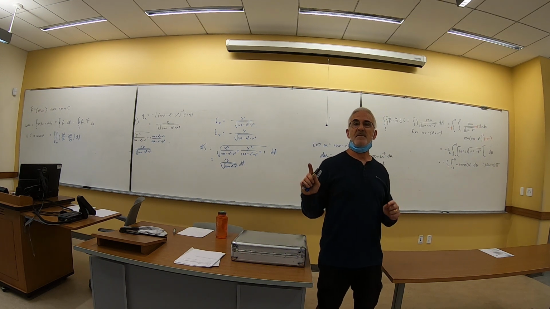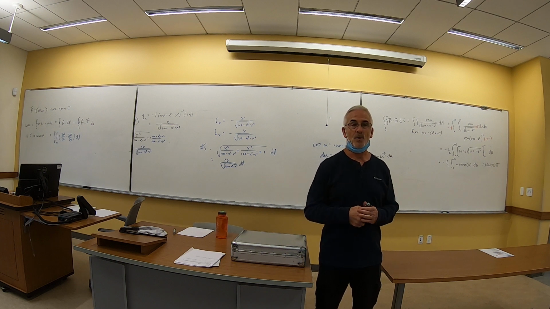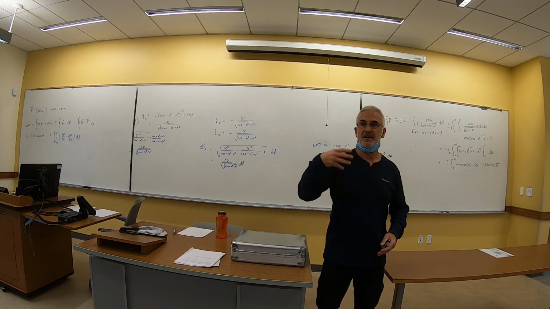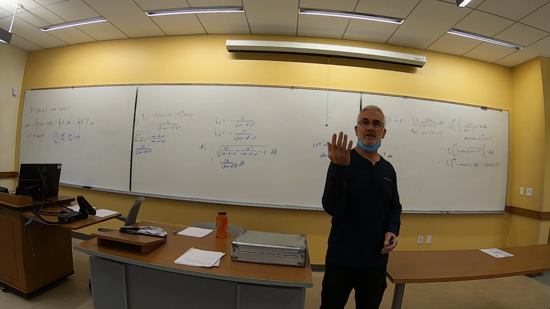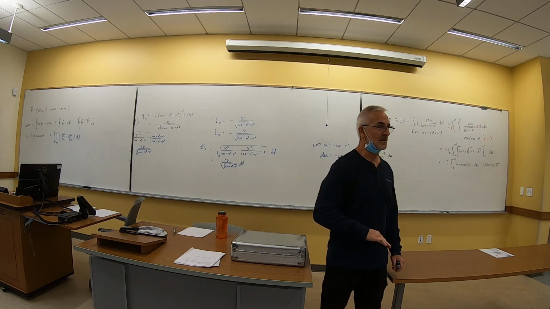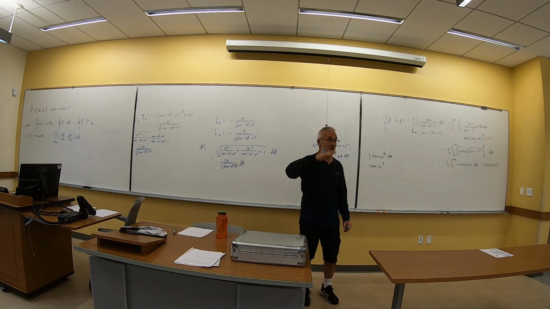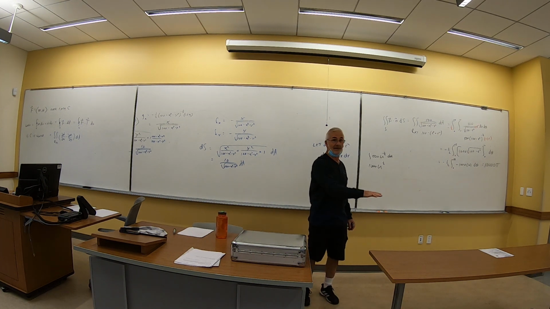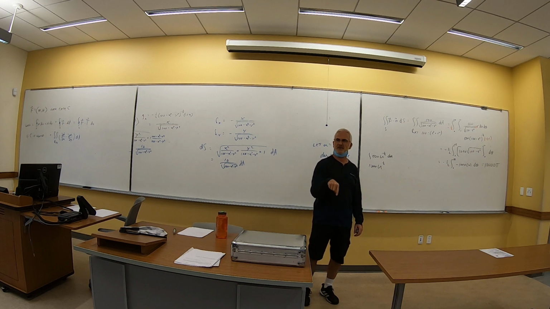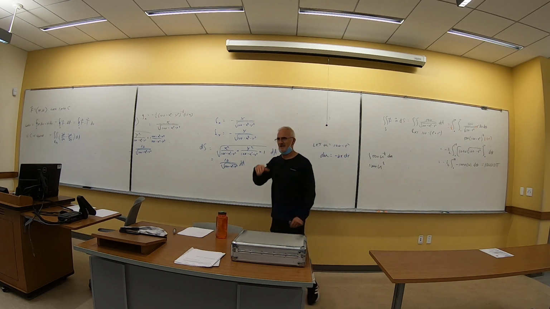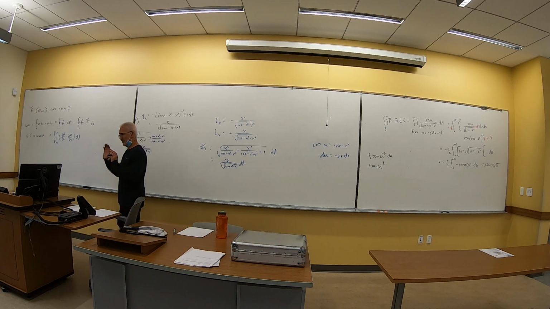So if you gave me a vector path, an r of t, wouldn't it be of the form x of t, comma y of t, comma 0? How do you know? Because I'm not going up and down. Do you all agree that my z motion is 0 the entire time I'm moving? Last time I checked, my feet are pretty much staying on the floor. I'm not doing a lot of jumping. Okay, so everybody cool with that?